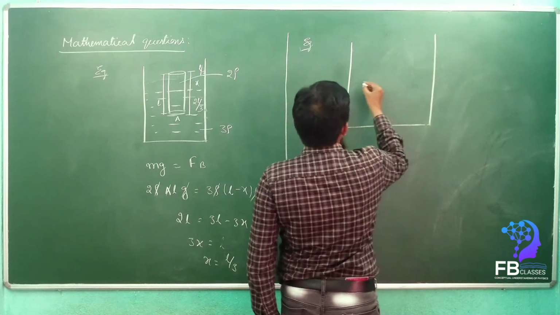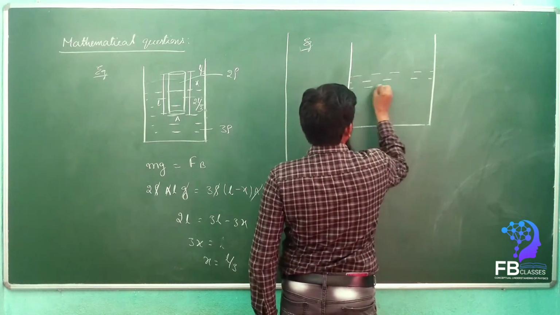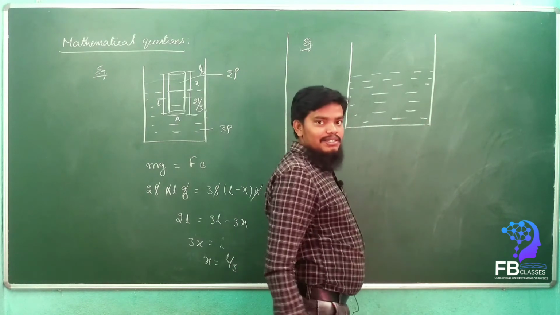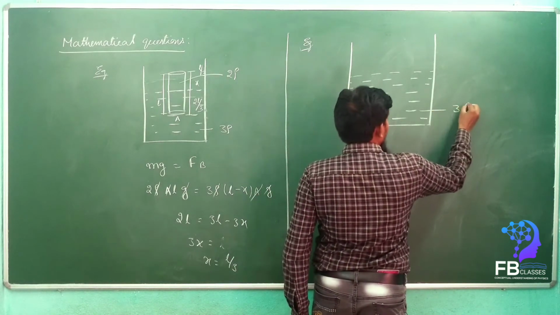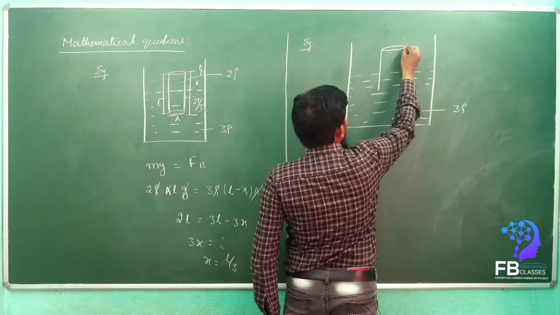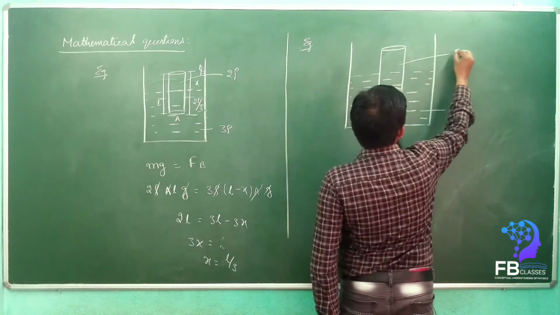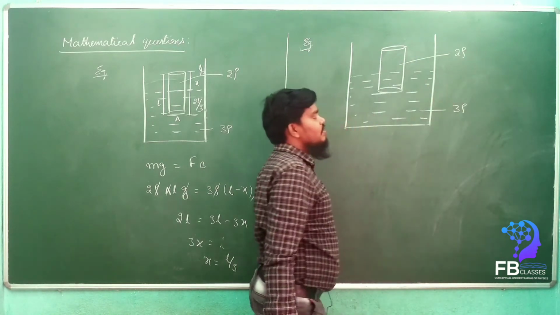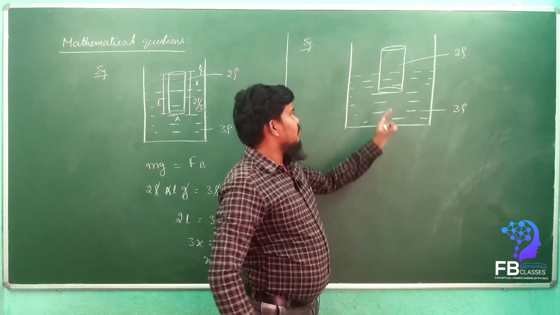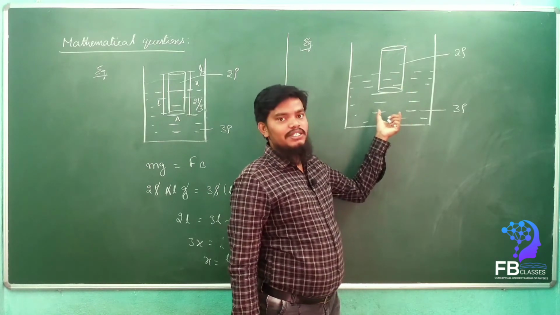This is a container which has a liquid whose density is 3 rho, and there is a cylinder of density 2 rho. The cylinder of density 2 rho is floating in a liquid of density 3 rho.